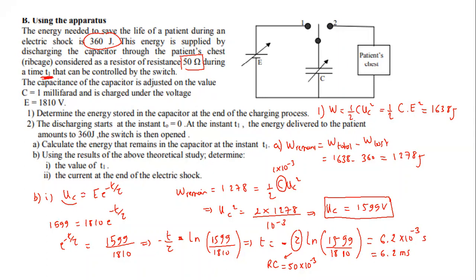The question at the end is to also find the current at the end of the electric shock. We substitute the time. In order to find the current, we do part 2.